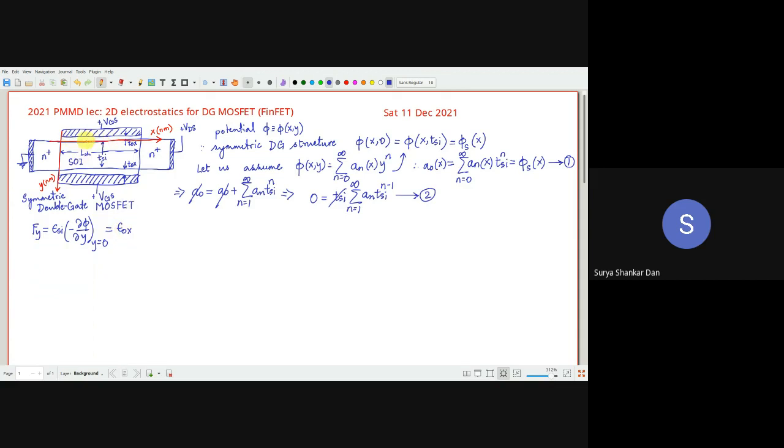What is the voltage on the top? VGS minus VFB minus the surface potential of the silicon surface, that is phi s(x). Now, this is the voltage difference divided by the oxide thickness, TOX.